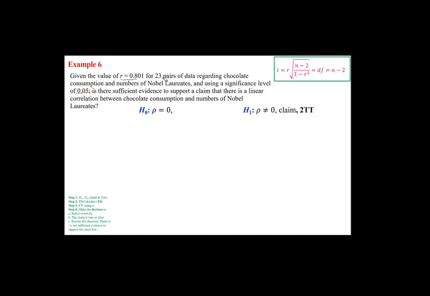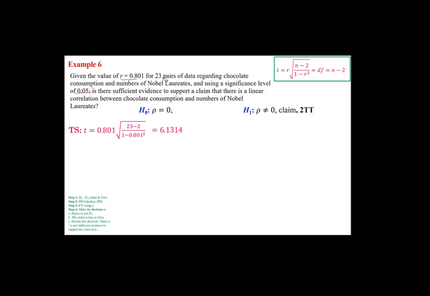So let's do the test statistic. Look at the formula. We are going with method 1. So the T distribution is used here. R is given, N is given, plug in. So T becomes 0.801 times the square root of 23 minus 2 over 1 minus 0.801 squared, resulting in 6.1314.